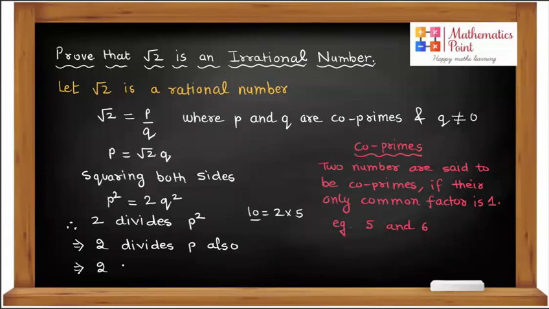Now, when I say that 2 divides P, it means 2 is a factor of P. Now, see, when I say that 2 is a factor of P, it means I can write P as 2 multiply some number, say M. For example, when I say 2 is a factor of, say, 6, then I can write 6 as 2 multiply 3.